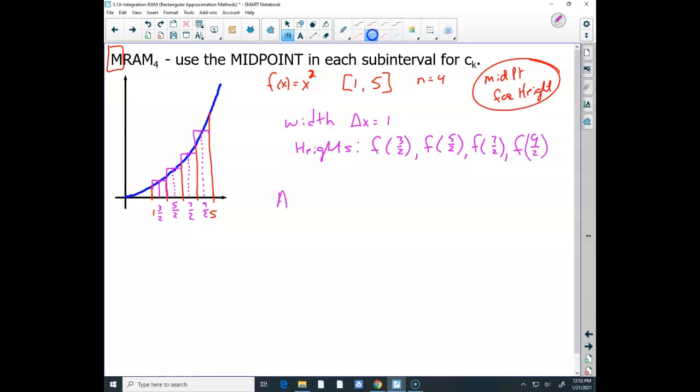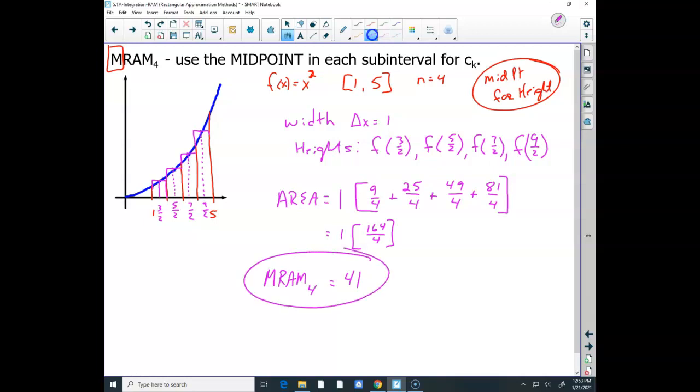And again, my area is going to equal the width times my heights, which is 9/4, plus 25/4, plus 49/4, plus 81/4, which is 1 times 164 over 4, which actually equals 41. So my MRAM of 4 is 41.